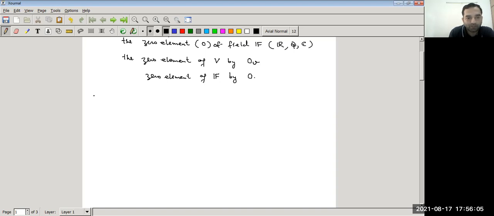So now we start our discussion on vector space. Let V be a non-empty set.